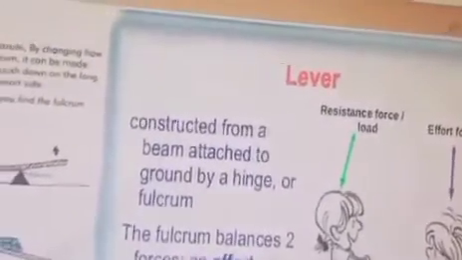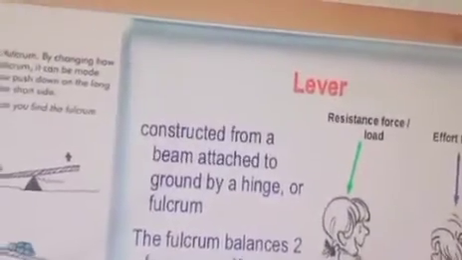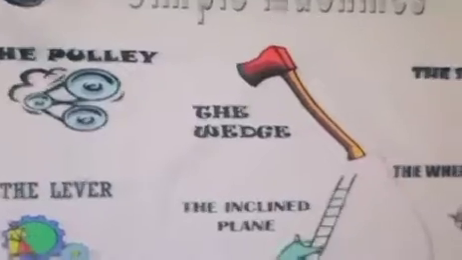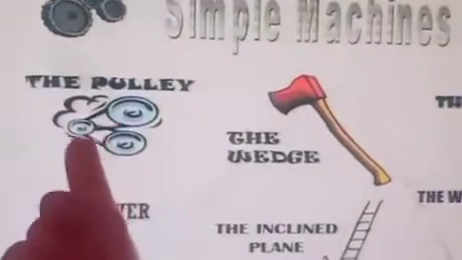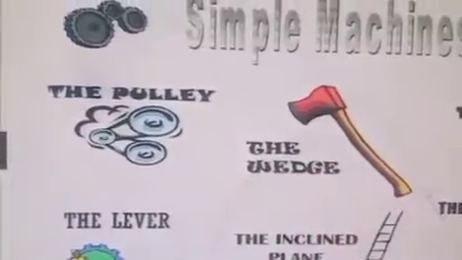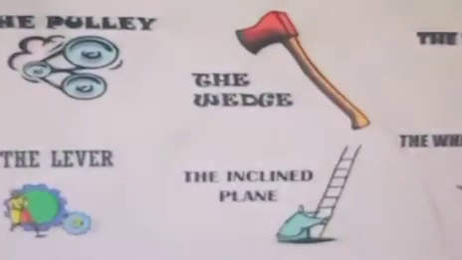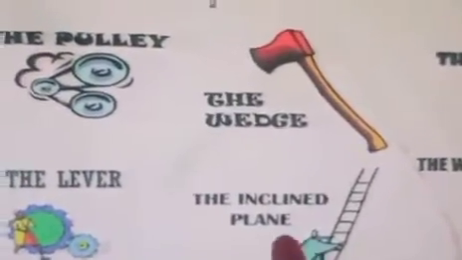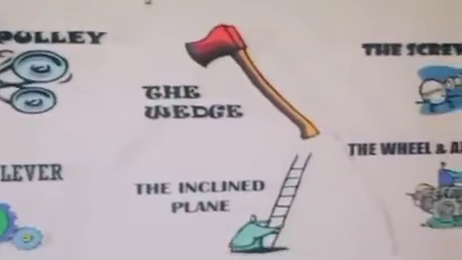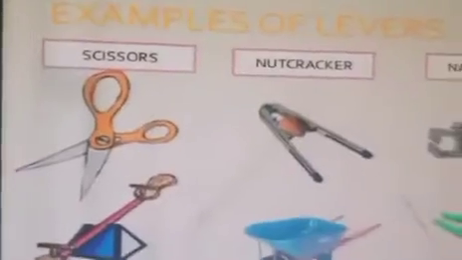Let's look at some other simple machines here. We have other simple machines that you can see in real life. This is an example of a pulley, the wedge, the screw, the wheel and axle, the inclined plane, and the lever.